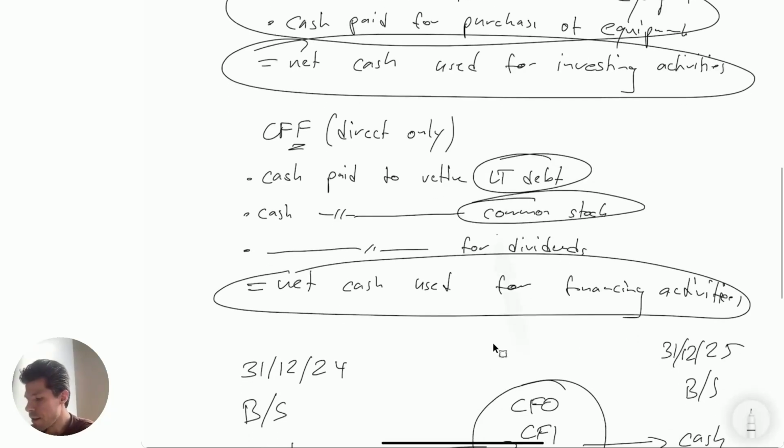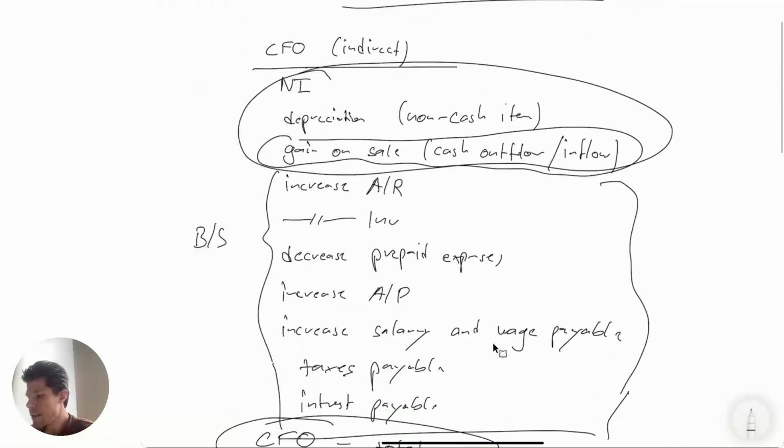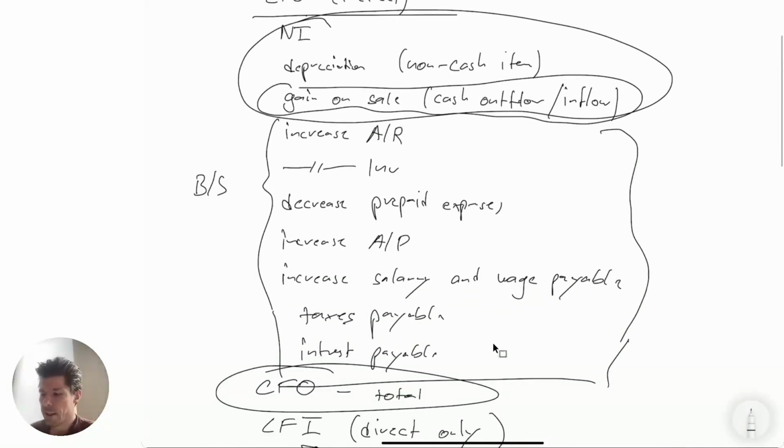And CFO is all about your operations: cash received from customers, cash paid to suppliers, cash paid to employees, cash paid for interest, cash paid for taxes.